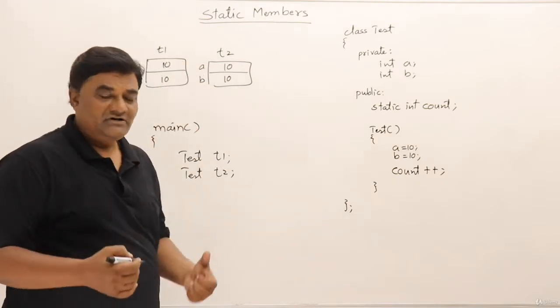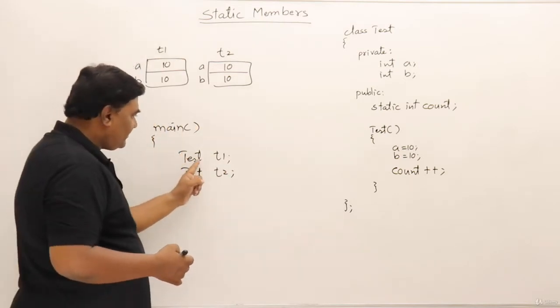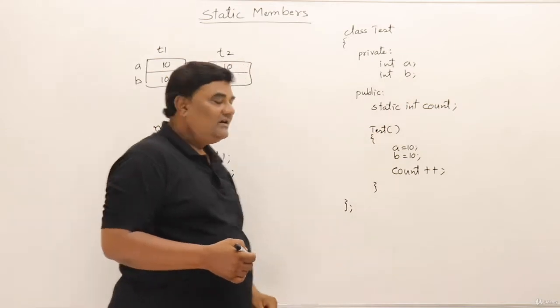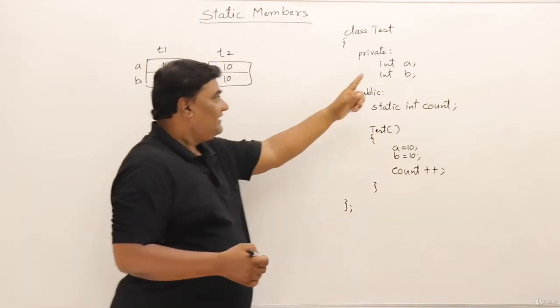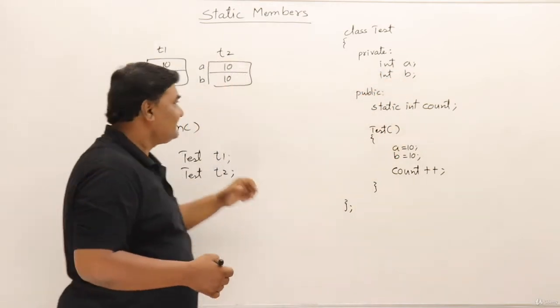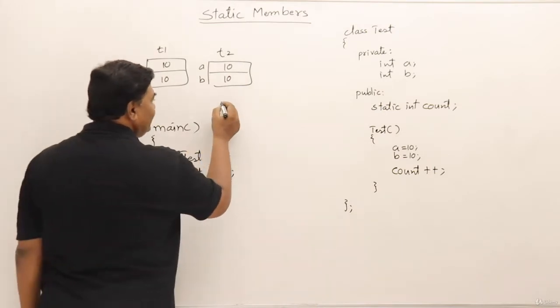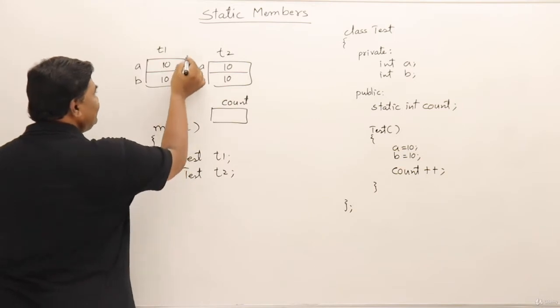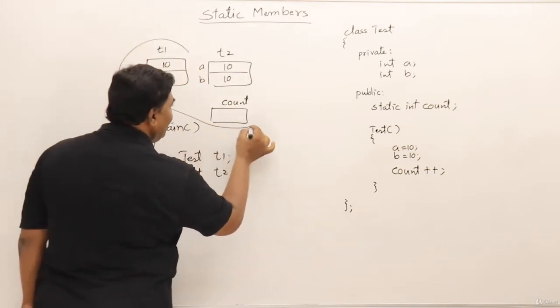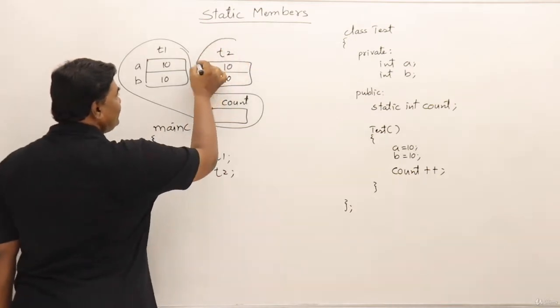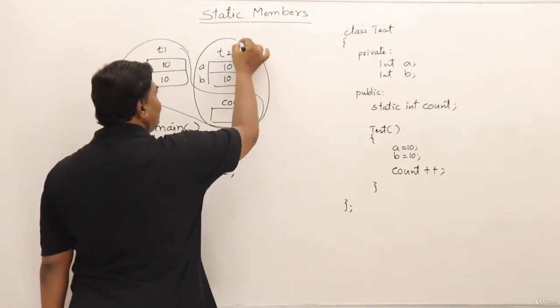Then how does this work? When I create an object of Test T1, how many members are there? A, B and count. When I create an object T2, A, B and count. So A and B are already in the picture. Now see how count is created. T1 has A, B and count, and T2 also has A, B and count.